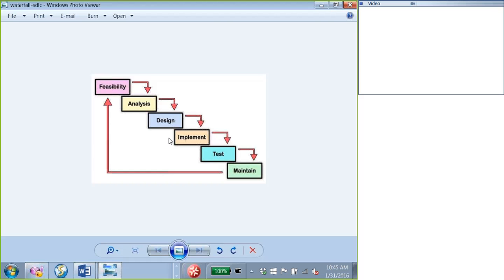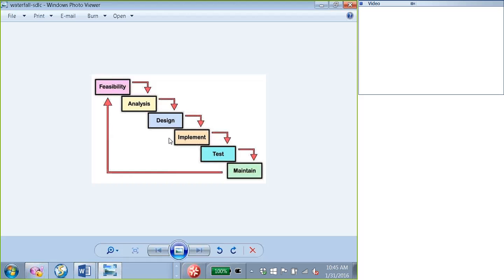As I said, on the positive side, it's very organized and systematic. By taking one step at a time, finishing everything and moving forward, you are ensuring that the process is systematic and organized.